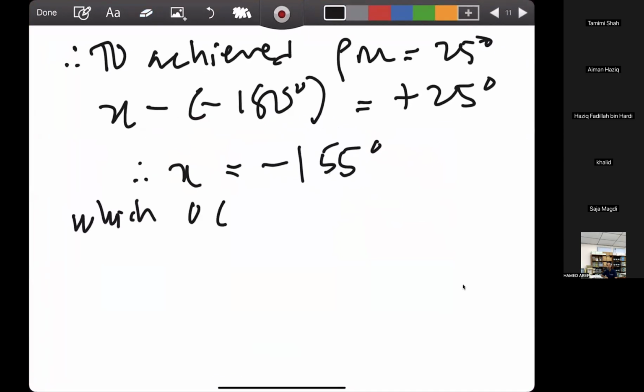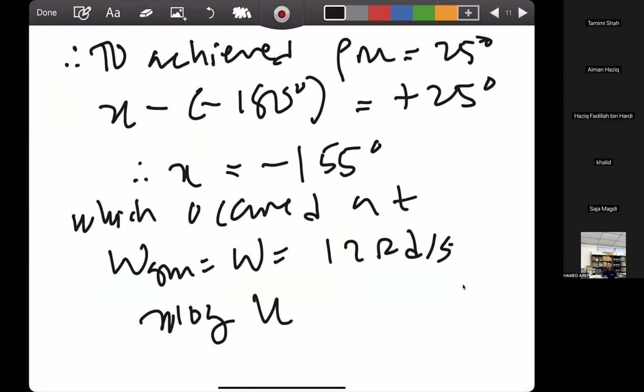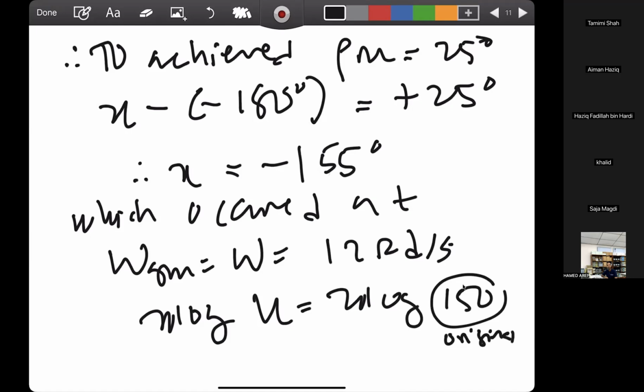Which occurred at 12 radian per second. So 20 log K. Sorry, this is not the gain. Okay, 20 log 150. This one is from the original gain.